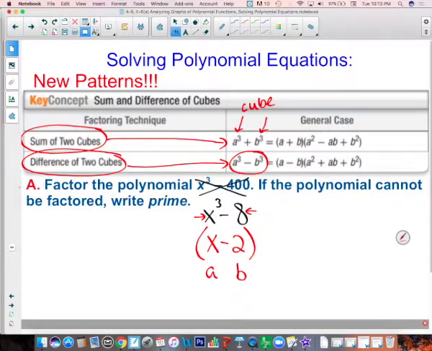Now, I don't care about the signs, because the sign in the middle there, okay, that sign tells me that it's a difference of 2 cubes. The pattern takes care of the sign. Okay, so right here, the x minus 2 is going to be my a minus b. And then I'm going to use the rest of the pattern. So the rest of the pattern here, I need to square the first one. So it's a squared.